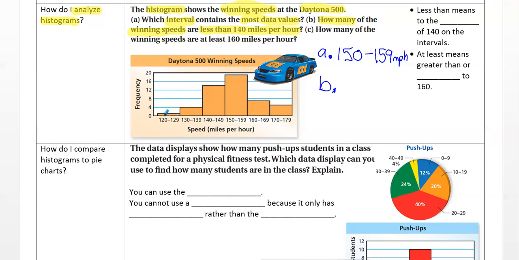Well, there's 2 different bars that are less than 140. So how many speeds were recorded between 130 and 139? 4. How many speeds between 120 and 129? Looks like just 1. So how many are less than 140? 5. 5 winning speeds.